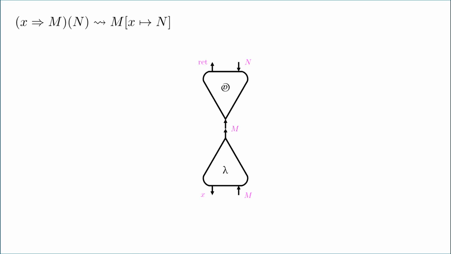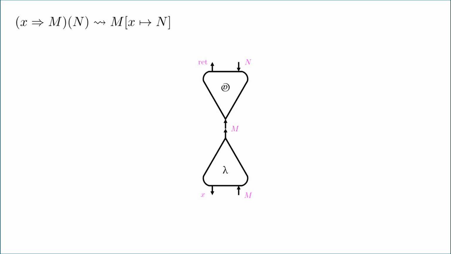If you now have the abstraction node at the bottom and the application node at the top, you will see that they fit together and they interact by having the n as an argument at the bottom at the top right, and the m, which is the body of the abstraction, at the bottom right, and then the x of the abstraction should be connected to the n, because the n should be substituted into the x's that exist in the term m.